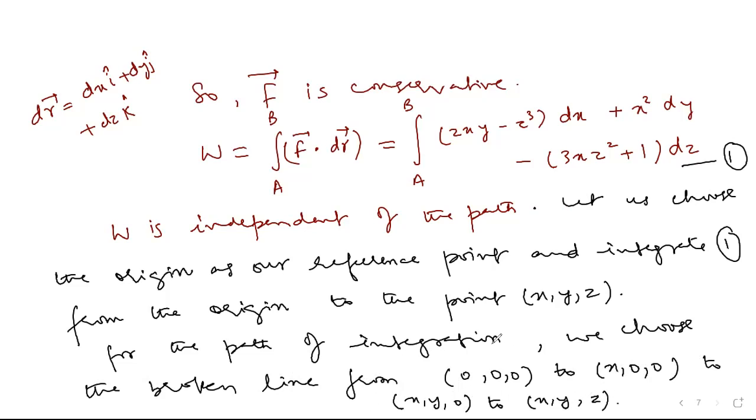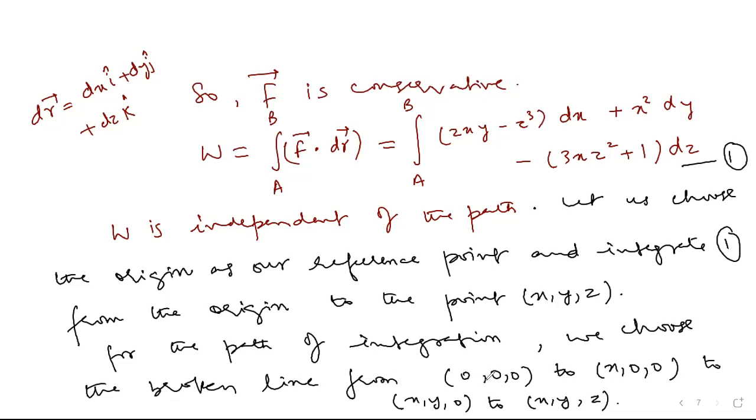So try to understand the path of integration. We choose the broken line from 0, 0, 0 to x, 0, 0, to x, y, 0, to x, y, z.